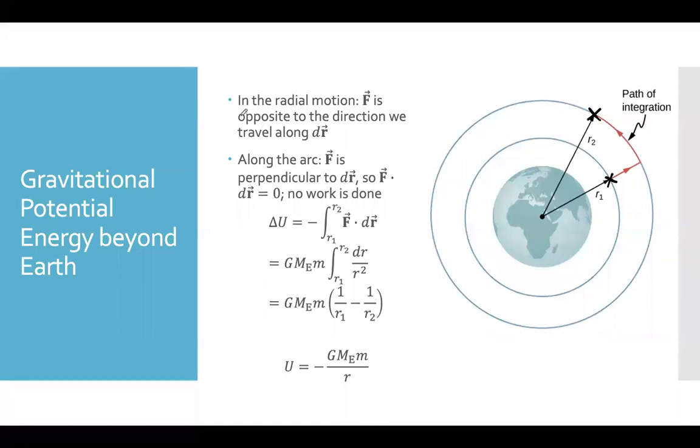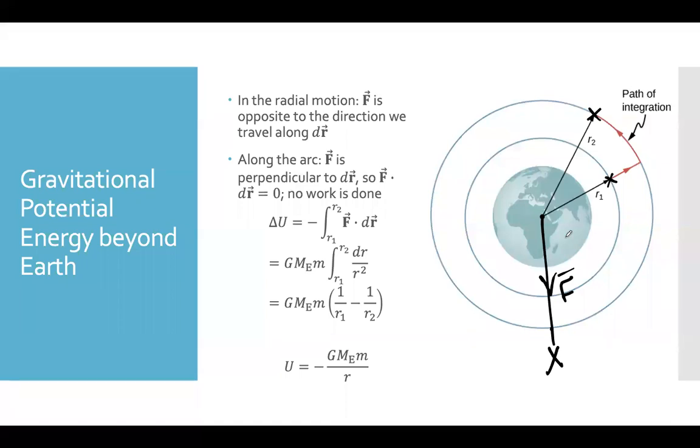Actually the opposite, but I'm thinking parallel. So F is going to be in one of these directions. If we have some object out here, it's going to be radial. It may be in the opposite direction, but the fact is, we have this force in the same parallel direction.